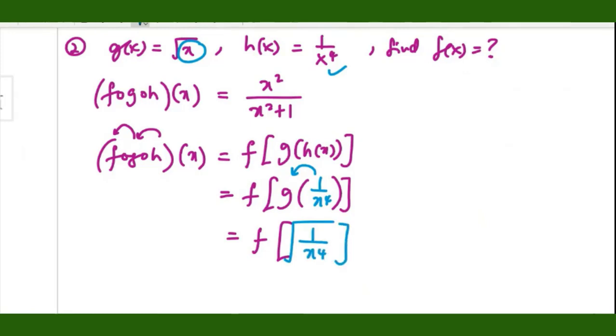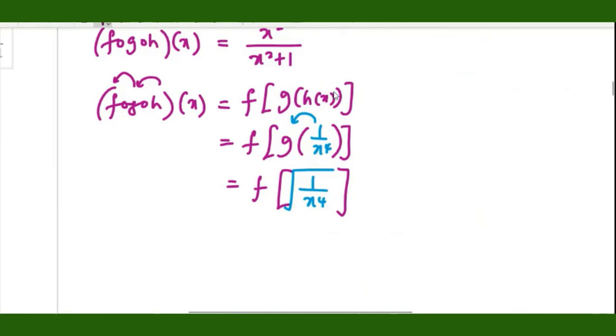The result of this goes into the function f, which we don't know. That's what we would like to find. Simplifying this, we end up having f of 1 over x squared.